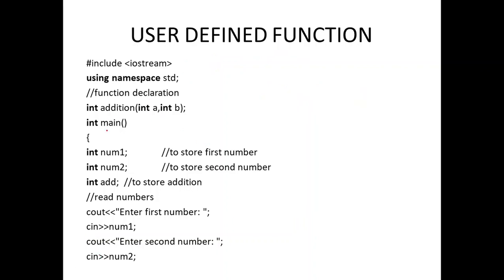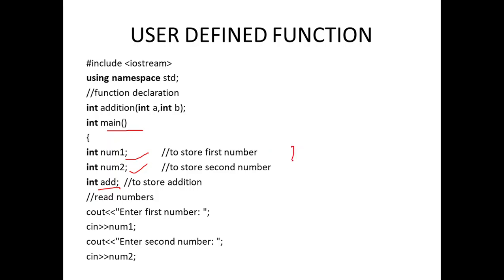First of all, we know int main, and int num1, int num2. Either we can write it as int num1, num2, or we can write int num1 to store the first number, int num2 to store the second number, and int add, that means the result is stored in add.